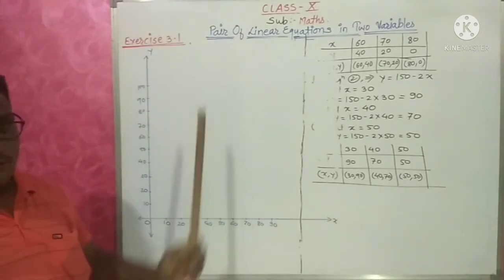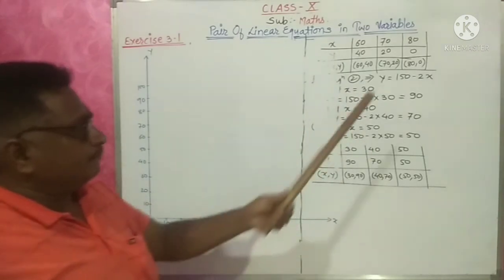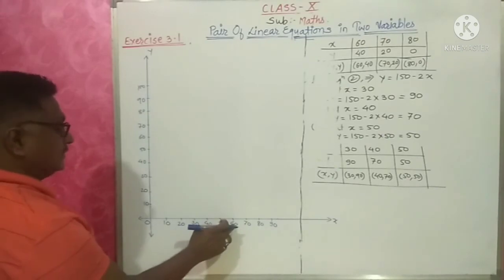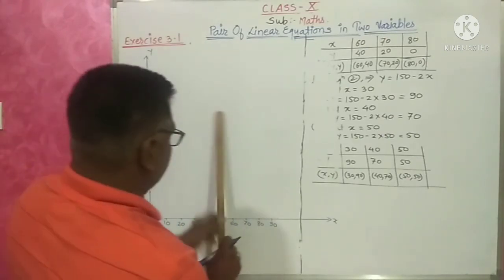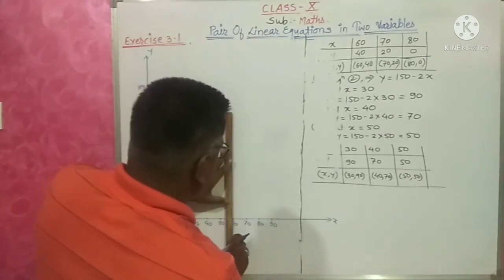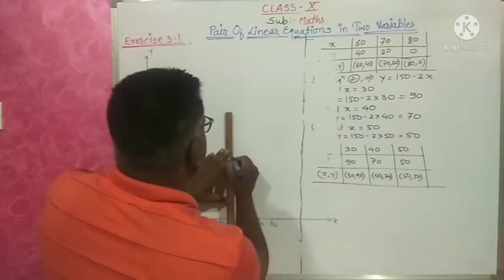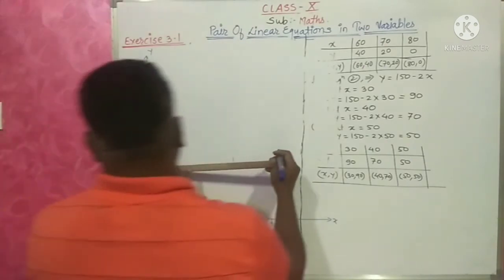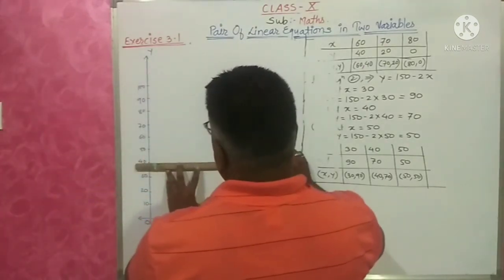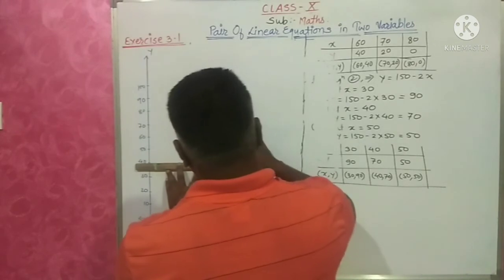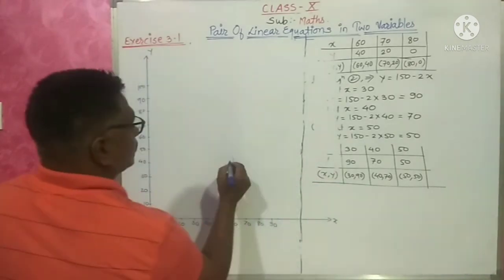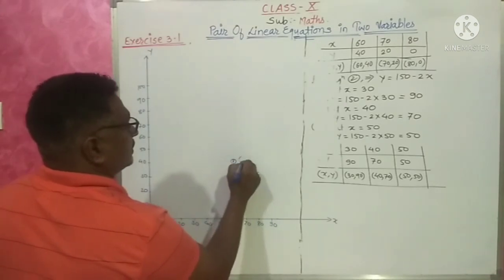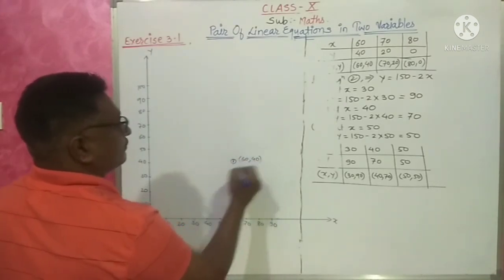So now I will not write. I will plot the points directly. What is 60, 40? Where is 60? This. So here. So I am not having the line graph paper, so I will use this way. So you are having the graph, so you can do it properly. Okay. So this is 60, 40.